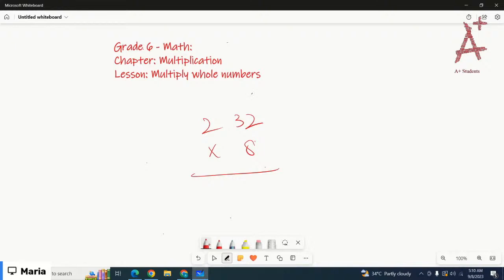Start with 8 multiplying the ones digit. 8 times 2 is 16, right? Write 6 over here and carry 1. 8 times 3 is 24, you have to add 1, so 25, right? 5 over here and carry 2. 8 times 2 is 16 and 16 plus 2 is 18.